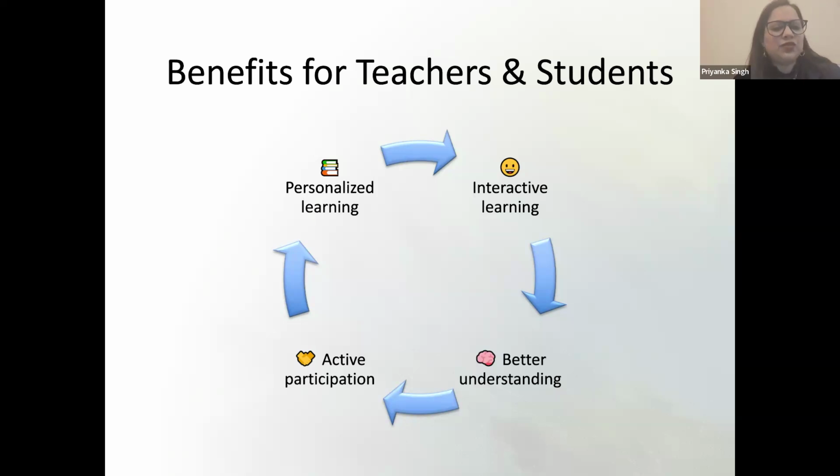There can be chances many students are not very comfortable talking to you in person, but while you are having an online session, or a passive kind of session, let's say email writing or document writing, they want to express more. So this way you can have interactive learning as well. Better understanding, you can assess and have a better idea which student has got what kind of information.